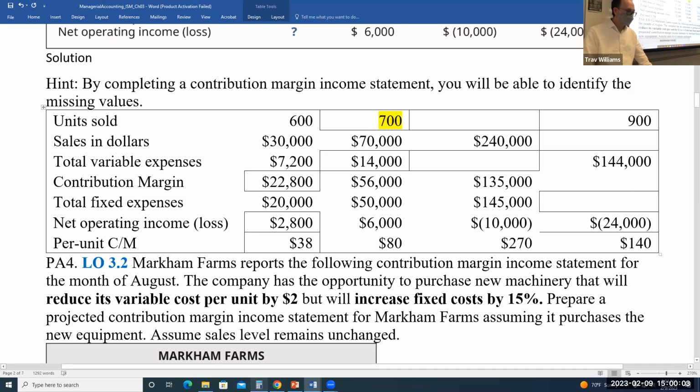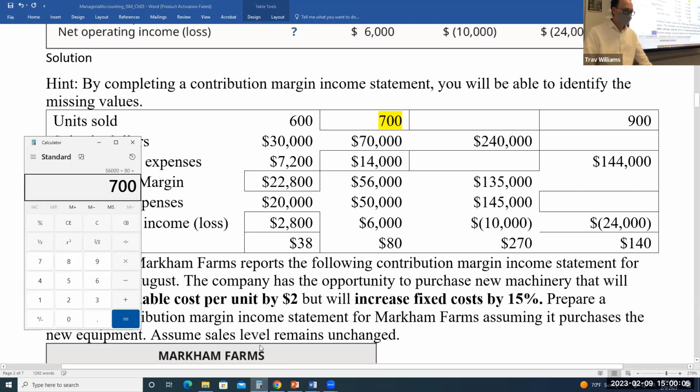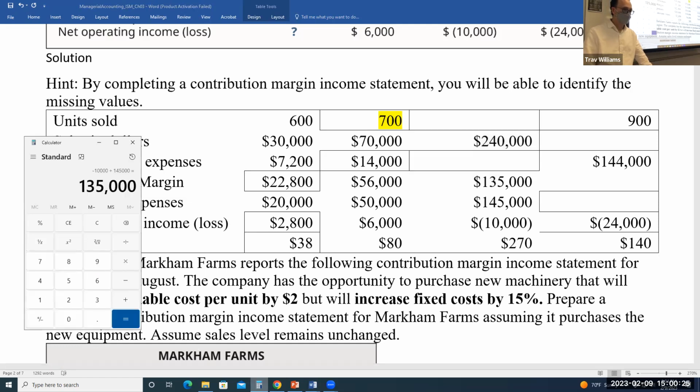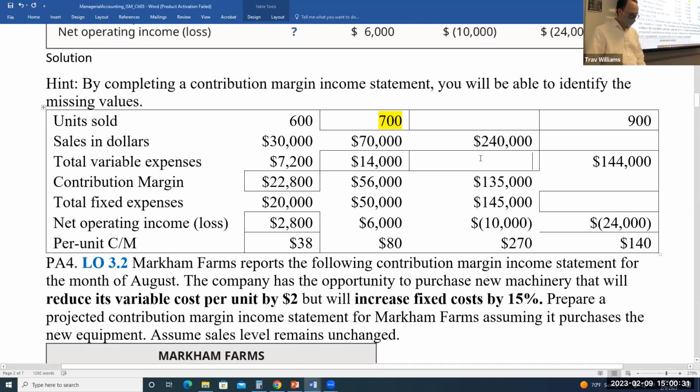One way you could do that, you could say negative 10,000 plus 145,000 equals 135,000. Good. And then again, we need the difference between these two to know our total variable costs. So it's a difference of 105,000 between them.